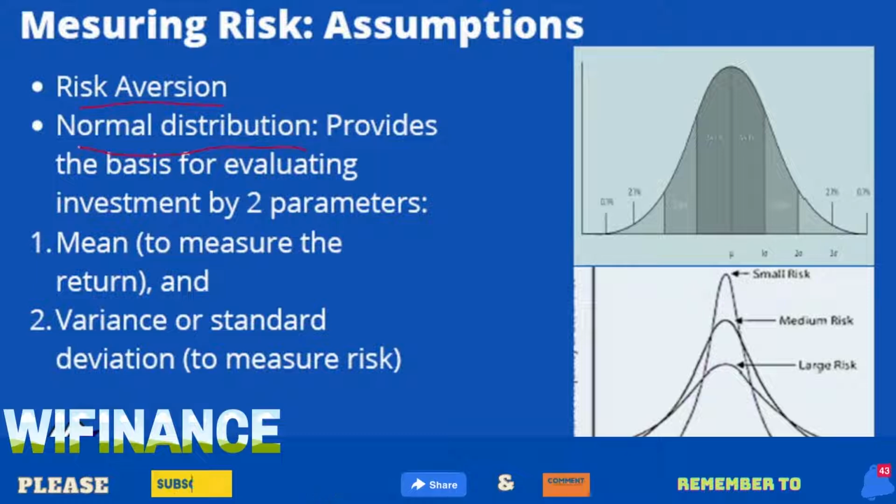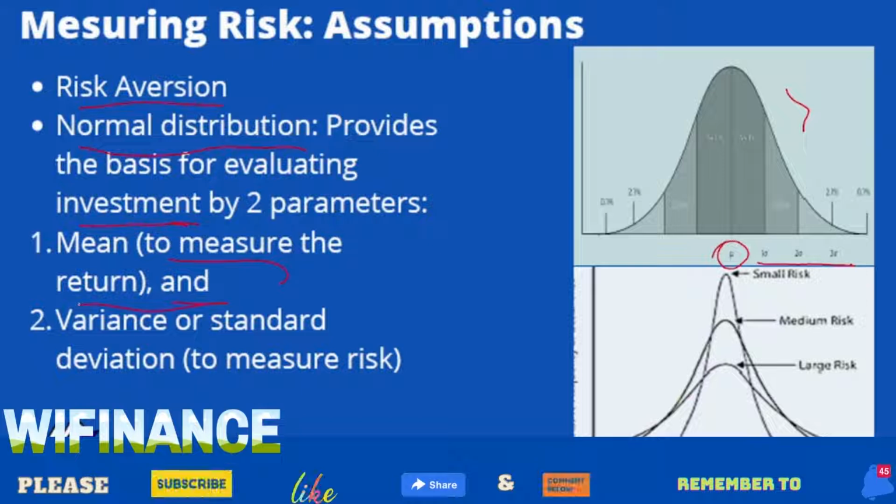Now, the inference of this assumption is that if investment return follows a normal distribution, as seen in this frequency histogram, then you only need the mean and the variance of the distribution to fully characterize your investment performance. We are going to use the mean to measure how much you can expect to earn.